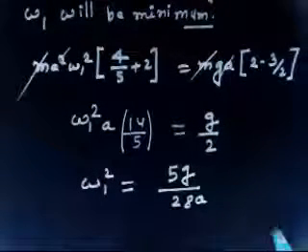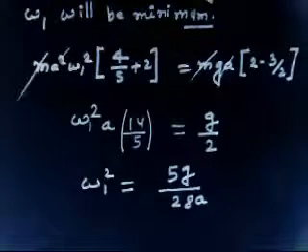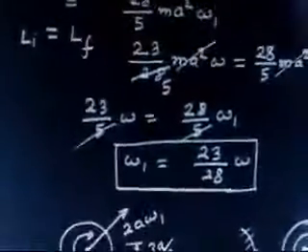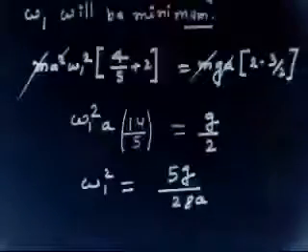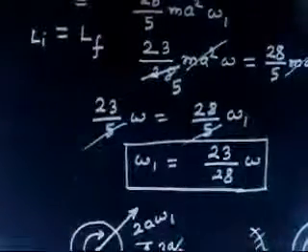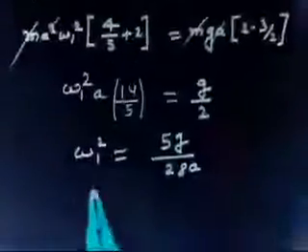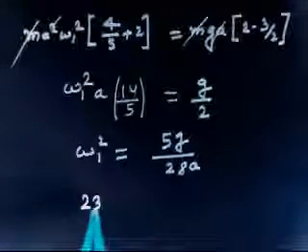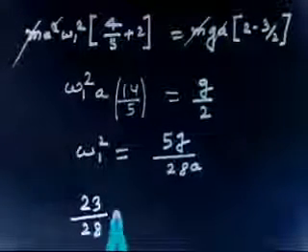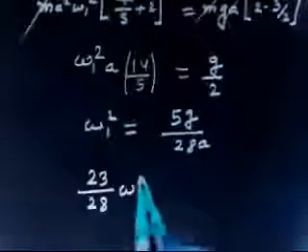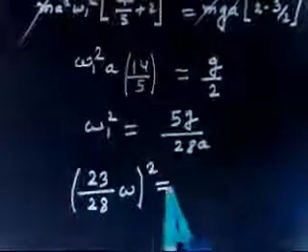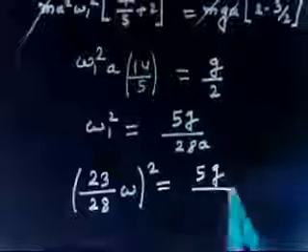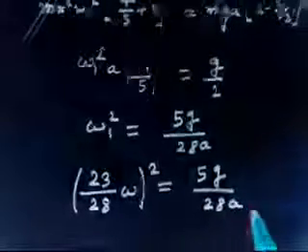Are you getting? Now if you plug in the value of omega 1 from the first equation, omega 1 is nothing but 23 by 28 omega. So are you getting or not? Omega 1 is this, 23 by 28 omega, and this is whole square. This is equal to 5g by 28a.